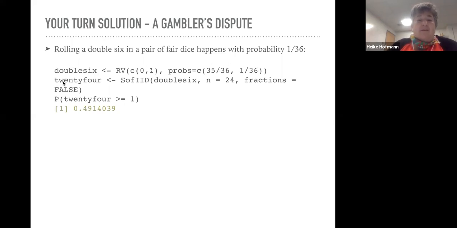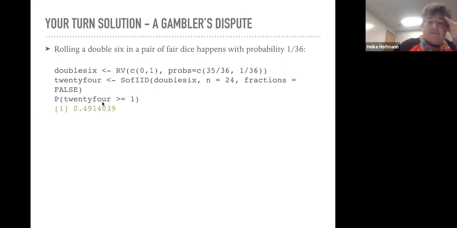And then we're using the sum of 24 rolls to count how often we do see one of these double sixes. Once we've got that, we can evaluate the probability of seeing at least one double six, greater than or equal to 1.